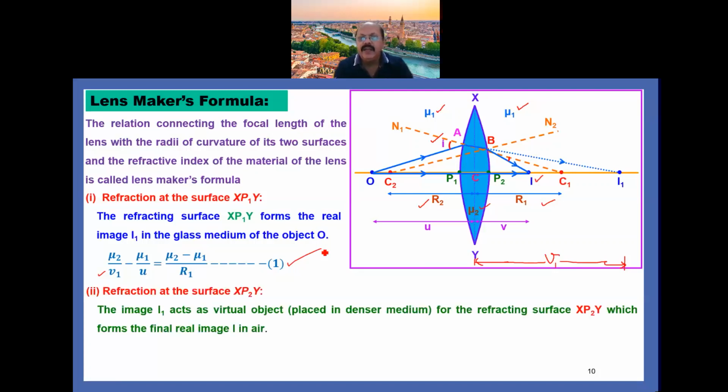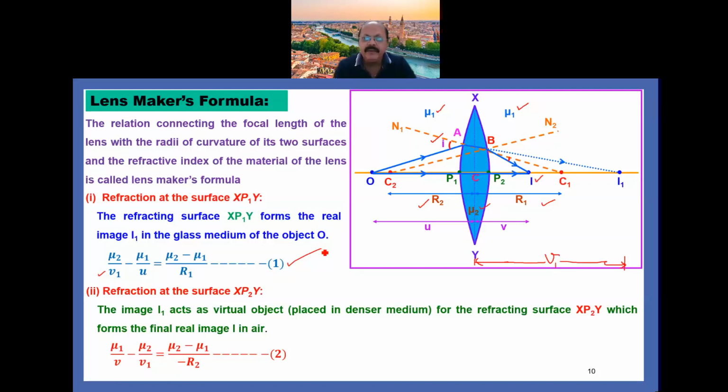Similarly, now we take refraction on the surface XP2Y. In that condition, the refraction is from denser medium to rarer medium. So the formula becomes mu1 upon v minus mu2 upon v1, because now I1 becomes the virtual object for the real image at point I. So we replace u by v1.